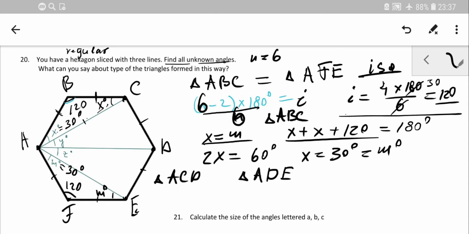We proved that AC equals AE. We also know that AD is common, right? AD is a common segment. The two triangles basically share the common side.